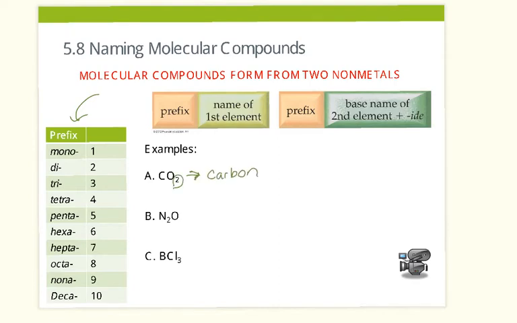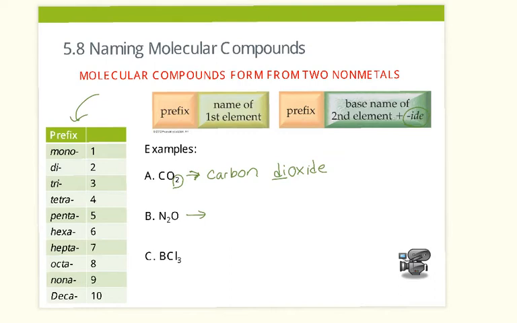And then here we have two oxygens, so we're going to say di. And then we're going to say the base name of our second element, which is oxygen. So we'll just put ox, and this time we'll add the "ide" ending. So carbon dioxide.